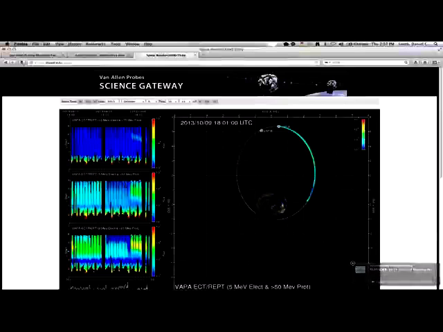You can see that the data is being pasted on there as we go, as it comes in. Oh, and there's Juno. And I'll slow down here. And then I'm just clicking through, and you can see Juno flying by. And you can also see that there wasn't a whole lot of radiation belt in those energies when Juno flew through.